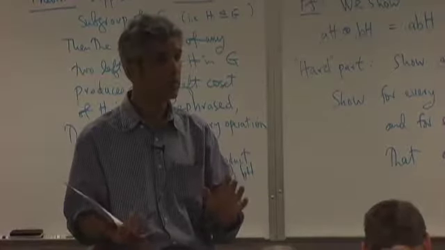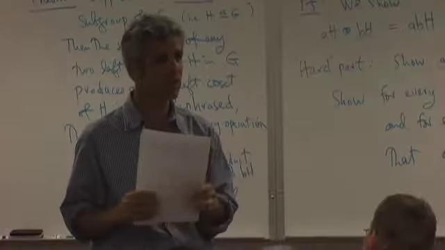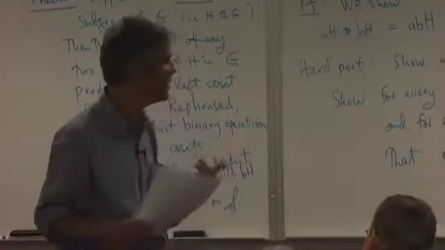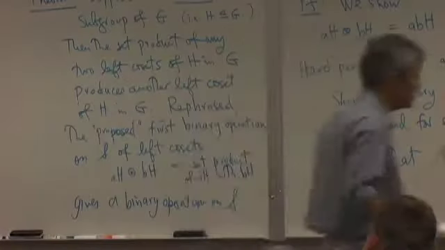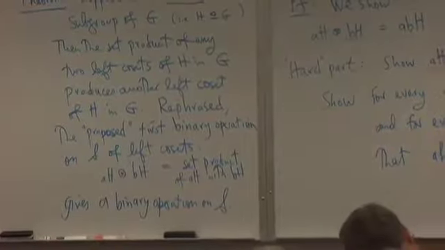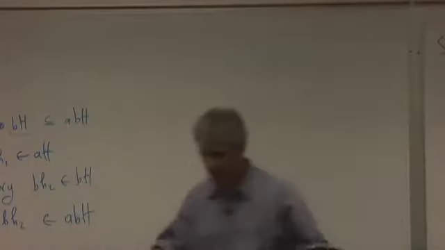And that's the group that we're going to start studying on Wednesday. So statement 6 is that not only do you get a well-defined binary operation, but it makes the collection into a group. We haven't proved that yet, but you understand what that statement means. We'll prove that right after you're done taking this quiz on Wednesday. But as I mentioned before, the hard part is the part that we just proved: showing that if you start with a normal subgroup, you at least get a binary operation, the primordial goo from which you could potentially build a group.